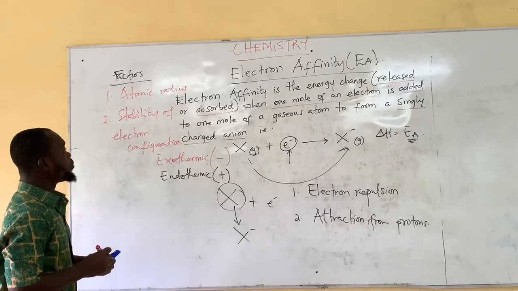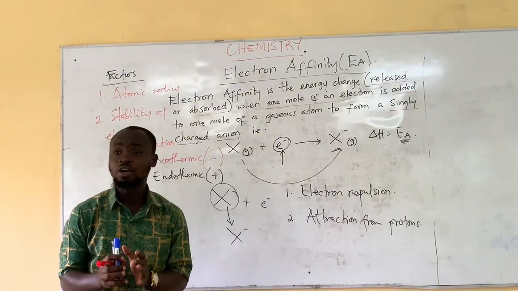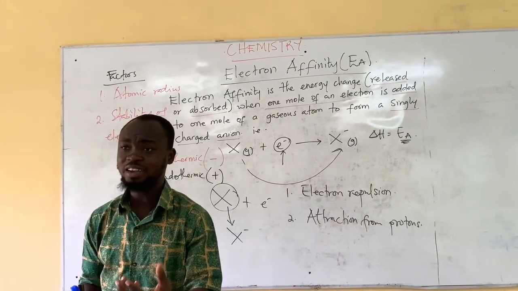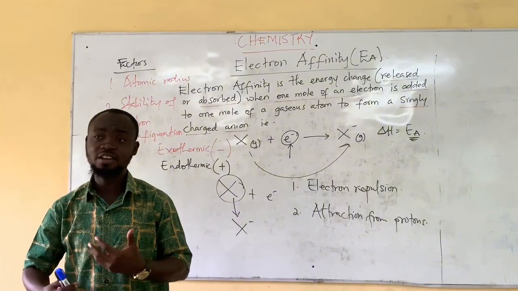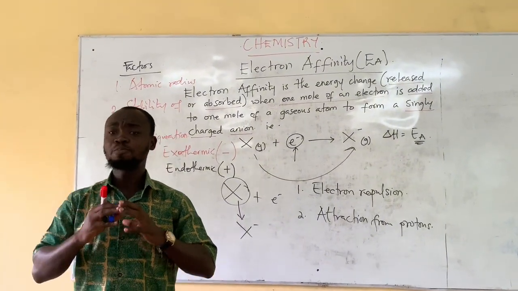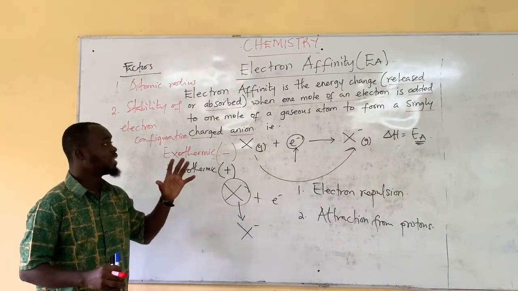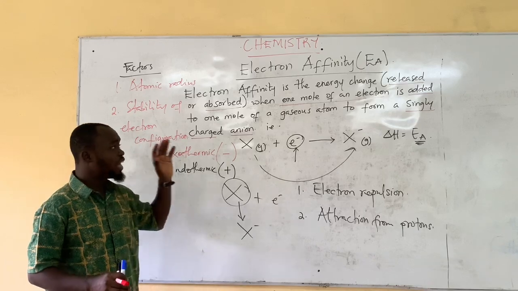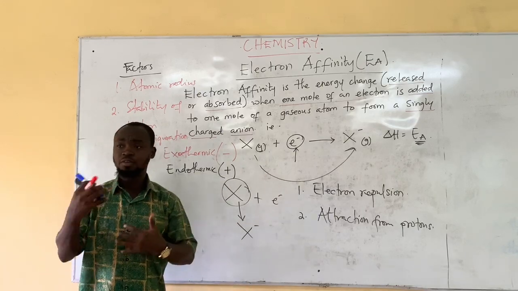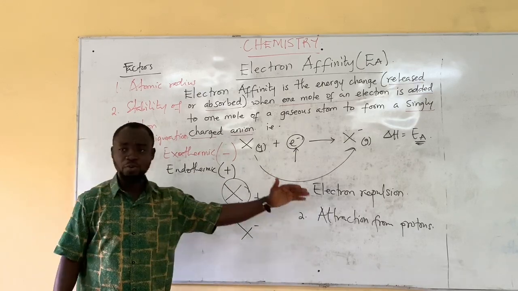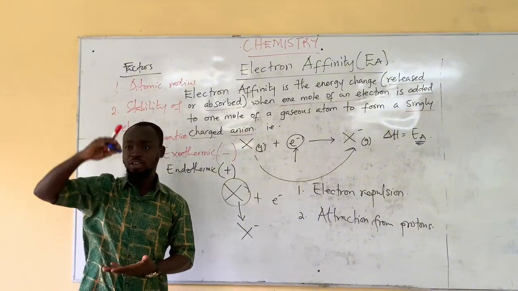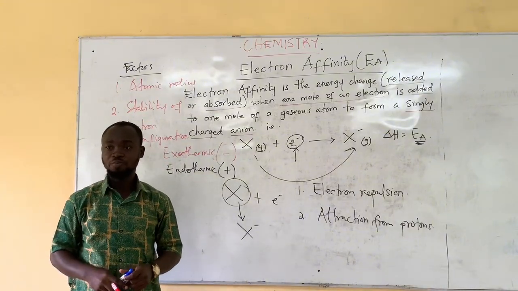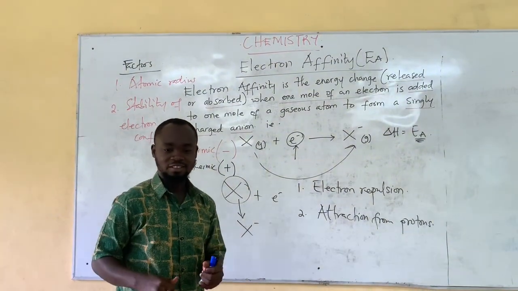With the atomic radius, we are going to break it down using the concepts of effective nuclear charge and electron repulsion, that is, the shielding effect, to explain how adding an electron to the valence shell of an atom will vary as you move across the period and from the top to the bottom down a group. Let's discuss that as well.